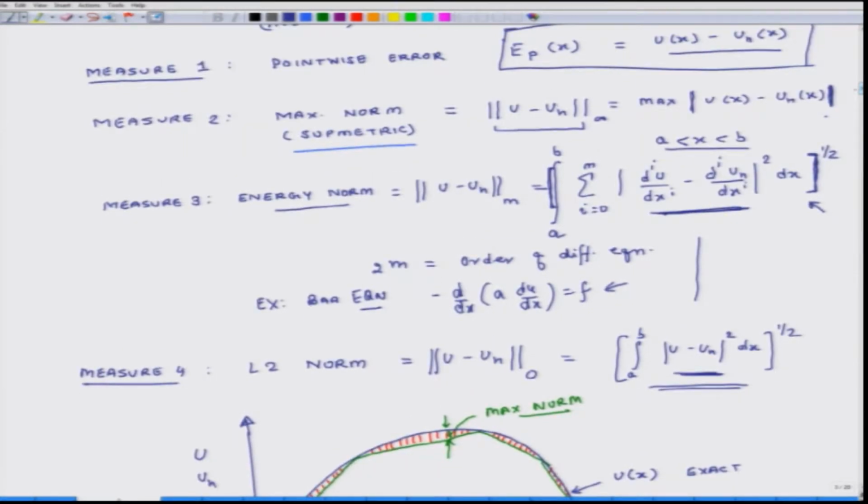Oh, I am sorry, this is the energy norm. So, the definition of energy norm is given here.